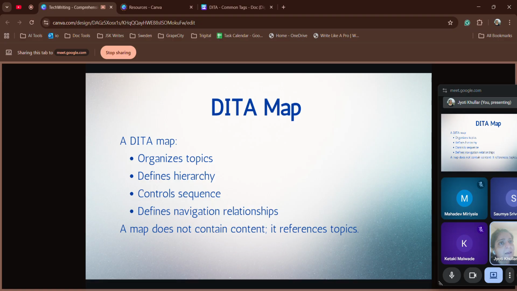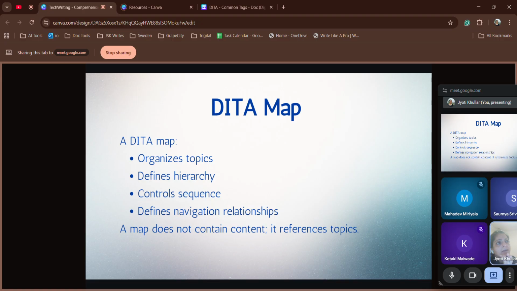Okay, and these DITA maps tell you what all topics. So आपने सिर्फ, you know, एक repository या एक साइट पर आपने अपने सारे टॉपिक्स, स्मॉल टॉपिक्स जिनमें only one purpose is they are going to serve, they are not interrelated with each other, एक पूरा bulk of topics are kept at a place.